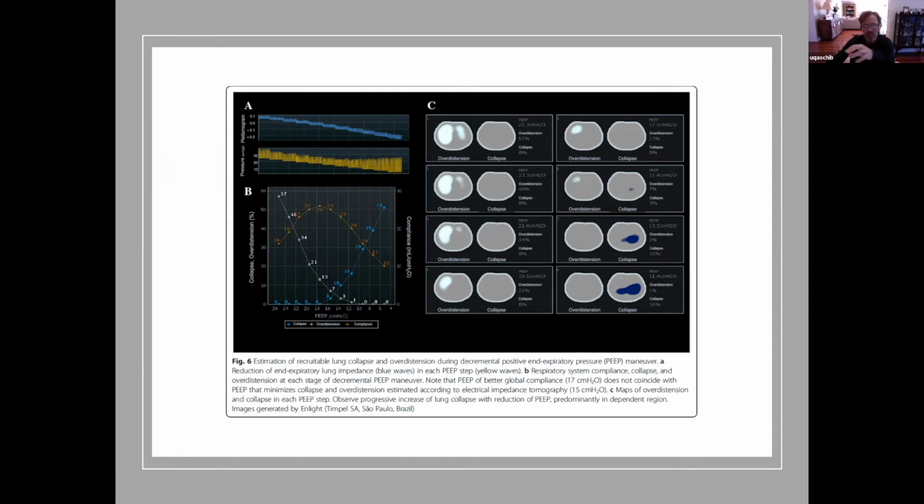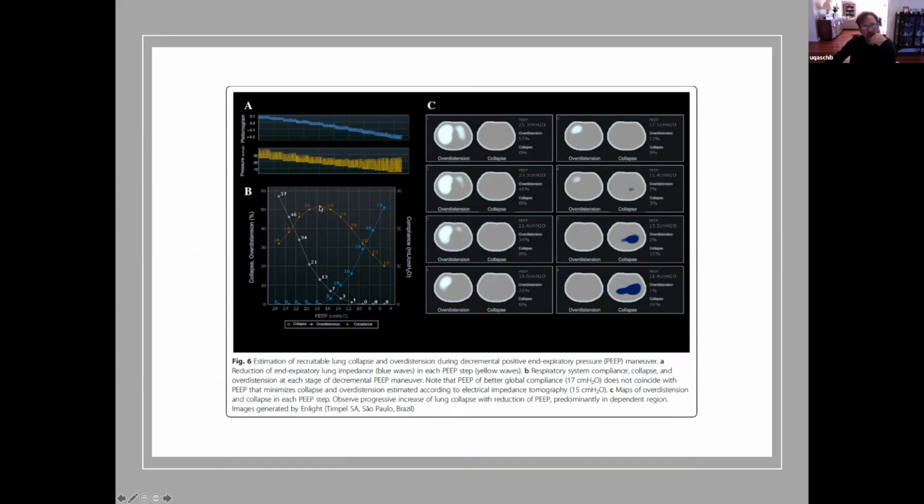as soon as we start increasing PEEP, we have over distension. So if the PEEP goes from right to left, so from 4 to 26, with increasing PEEP, we get over distension happening, whereas at low PEEP, we have collapsed lung. If we increase PEEP, we start to open up lung. So we get benefit for lung being reinflated, but we get at the same time over distension.